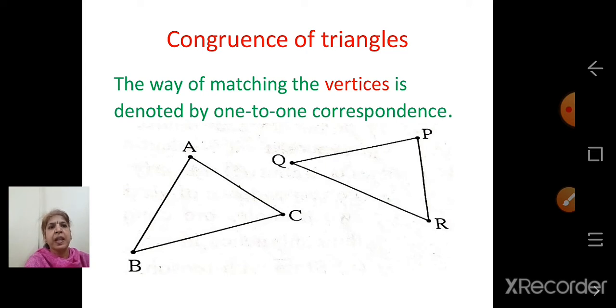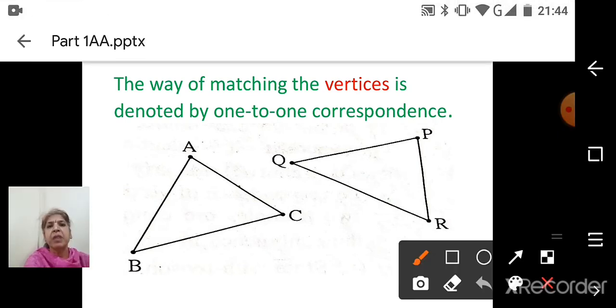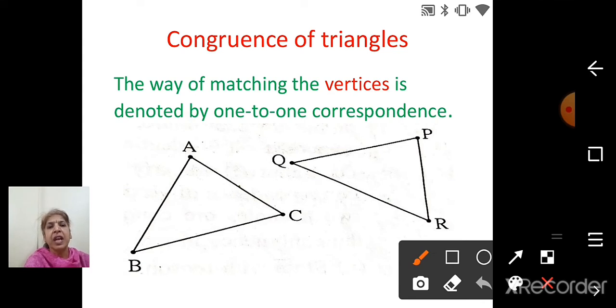So the way of matching the vertices is denoted by 1-to-1 correspondence. Very important for triangles is that we have to match their vertices also. So you cannot place any vertex with any. So you have to match the vertices, and that is denoted by 1-to-1 correspondence.